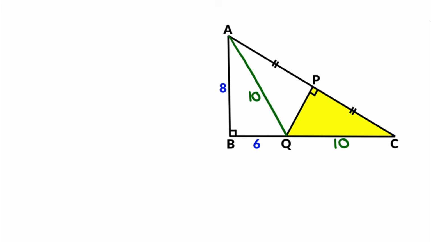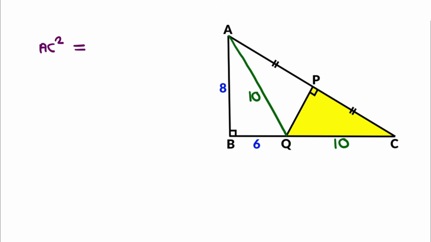Now let's return to the large right triangle, ABC. Its height is 8. Its base is made of 2 pieces. BQ is 6, and QC is 10. So, BC equals 16. Apply the Pythagorean theorem one more time.